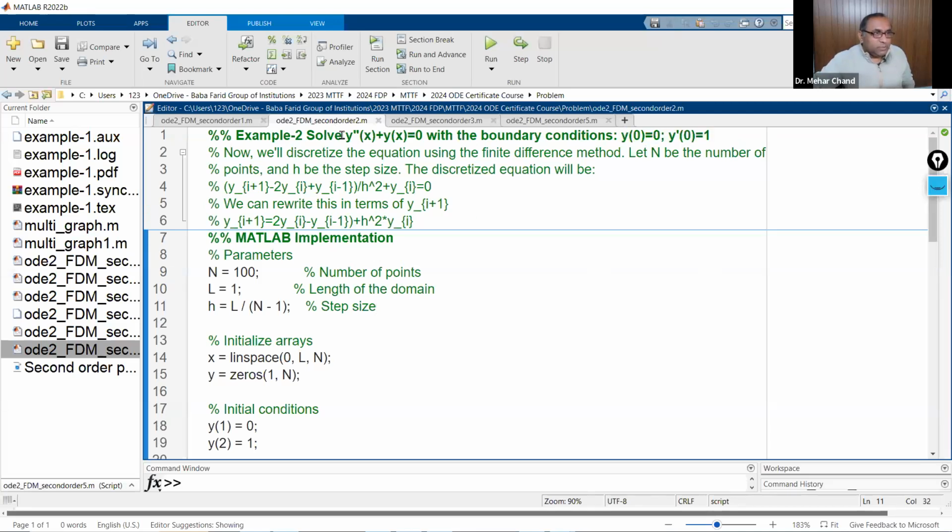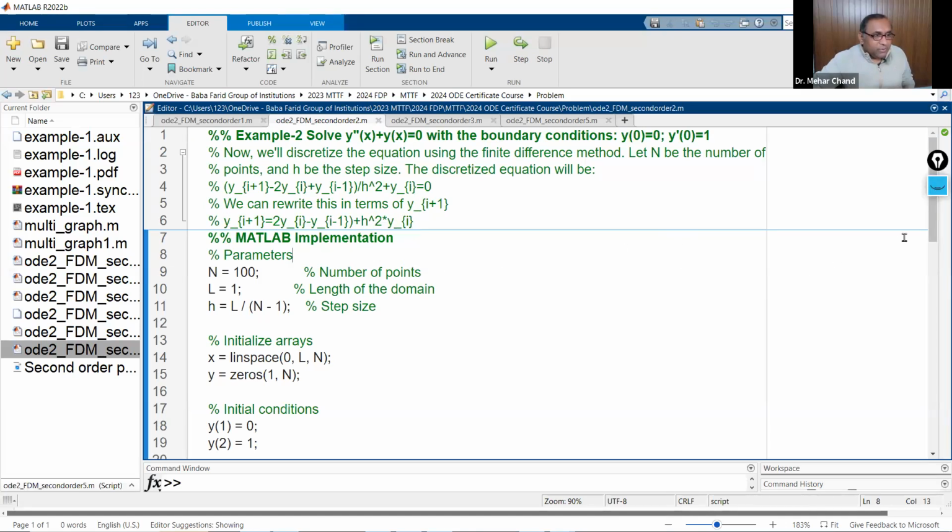You just need to put the value of y double dash x, and yx will be yi. So this is the equation, and you will rewrite this expression for yi plus 1.